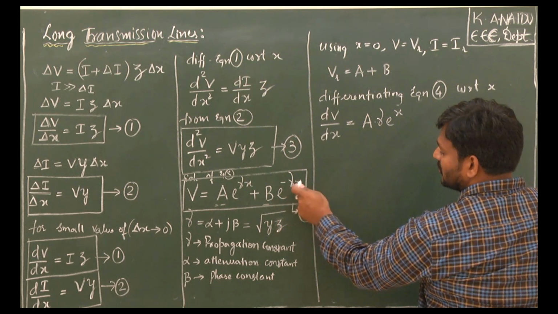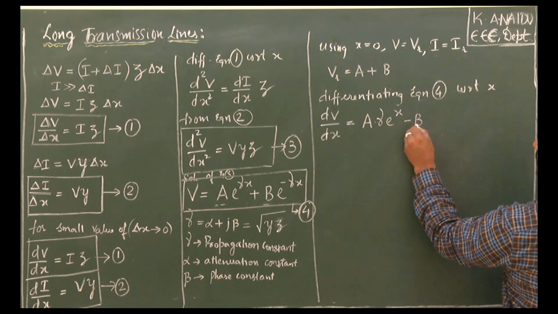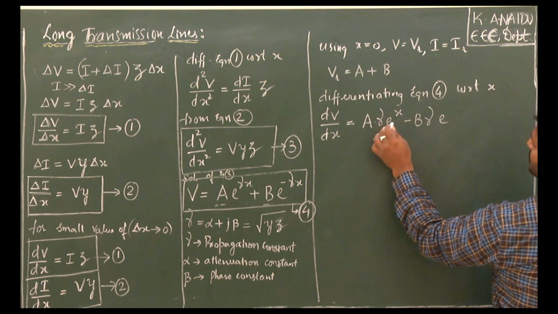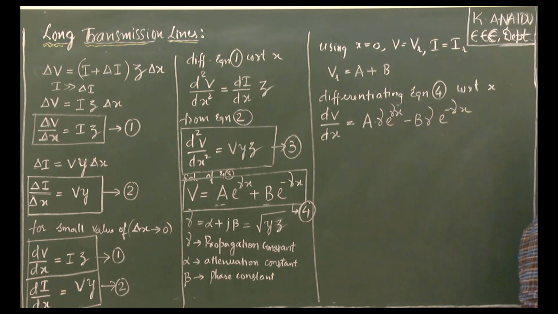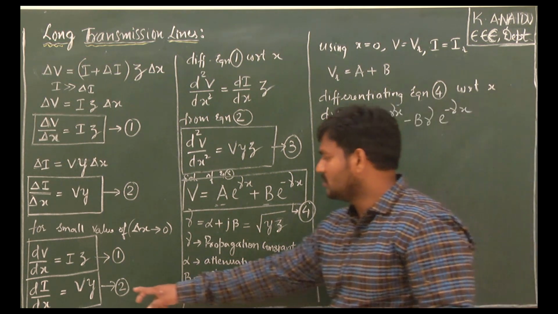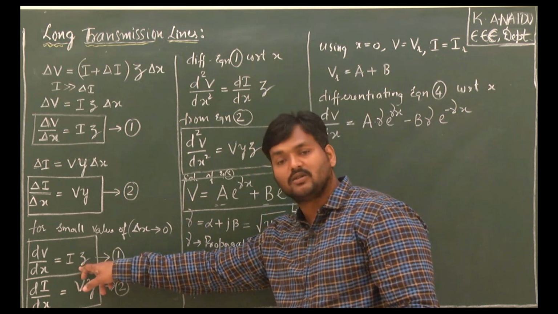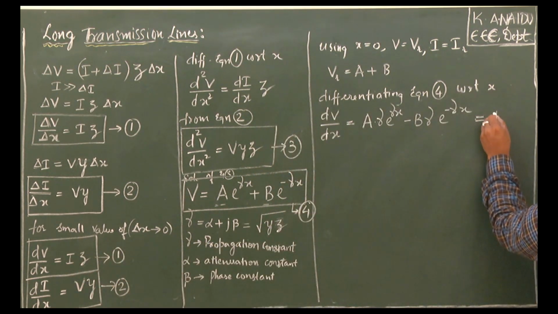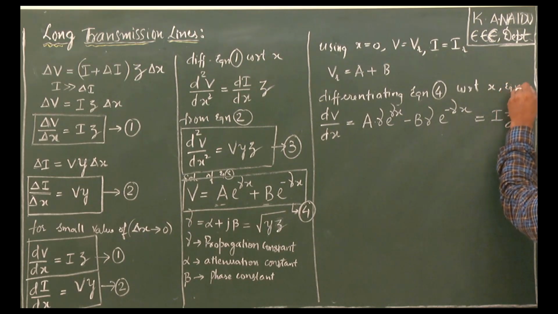What is the differential of e power minus gamma x? Minus gamma into e power minus gamma x. So it is B into minus gamma e power minus gamma x. Okay, but you see equation number 1. What is equation number 1? dV by dx is equal to I into z. So you equate this equation to equation number 1.